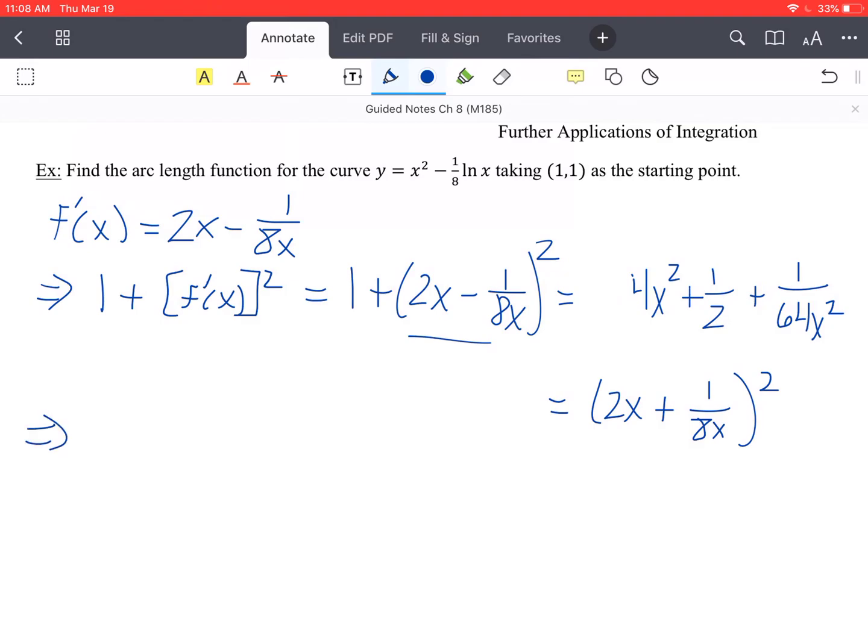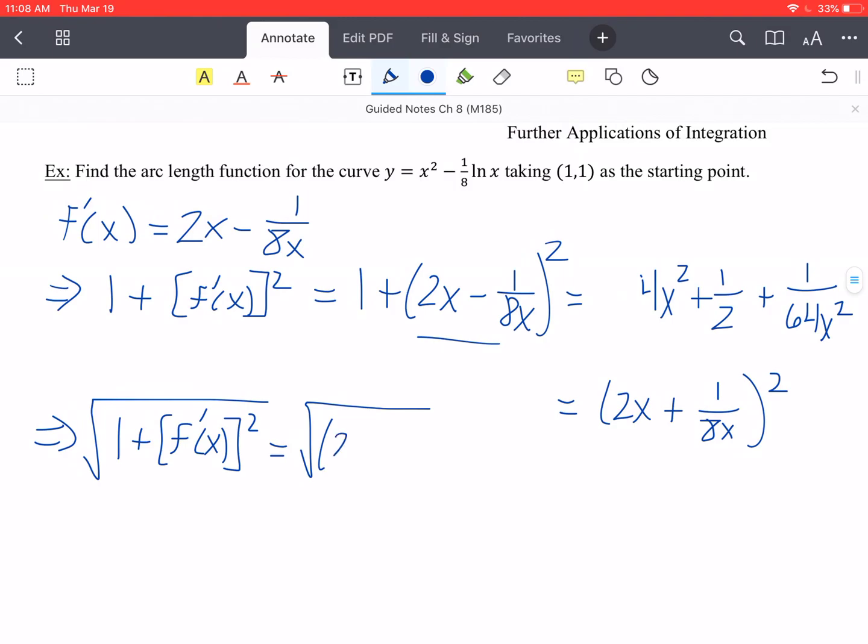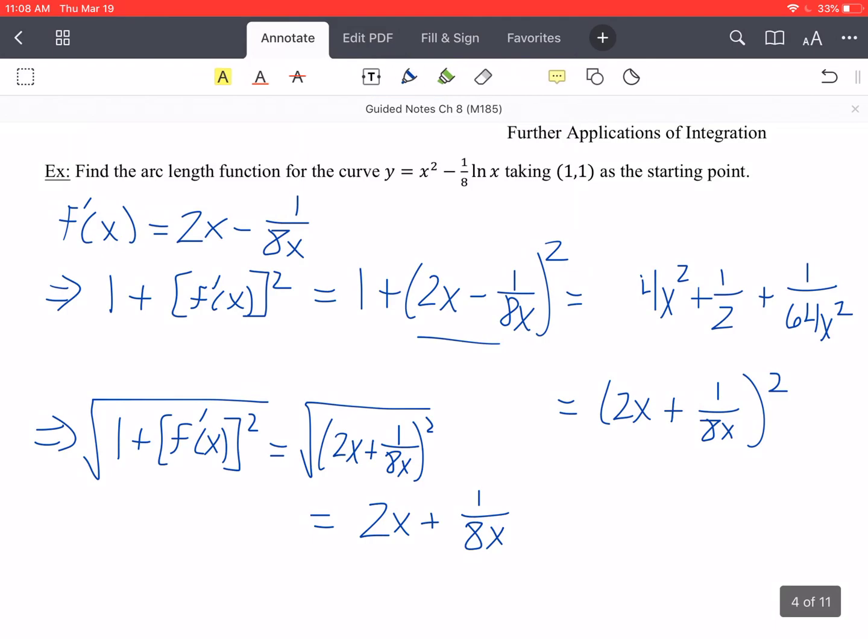So our formula for the square root of 1 plus f prime of x squared is the square root of 2x plus 1 over 8x, squared. So it's just 2x plus 1 over 8x, of course, the square and the square root canceling each other out.